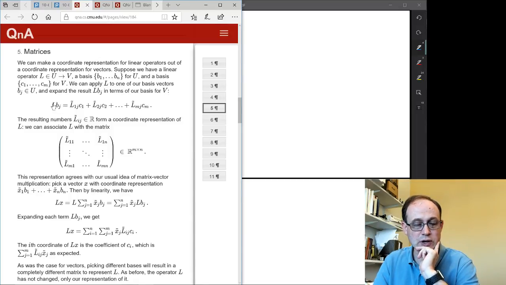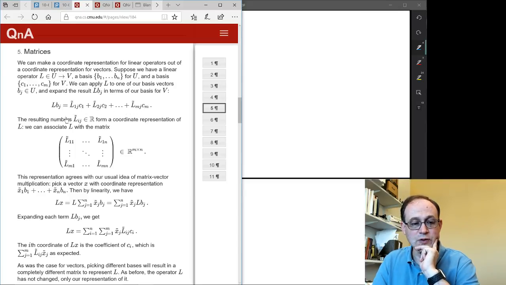And so we'll get an equation that looks like this. L Bj, this result of applying L to a basis vector in U, we can write it as a linear combination of C1 through Cm. And we're going to give a name to the coefficients in that basis representation. We'll call them L tilde 1j, 2j, up to mj.